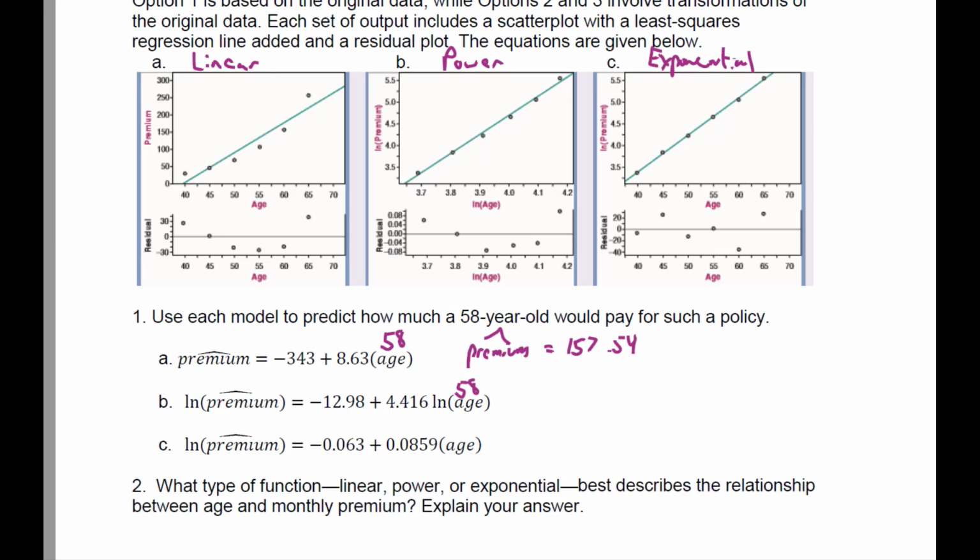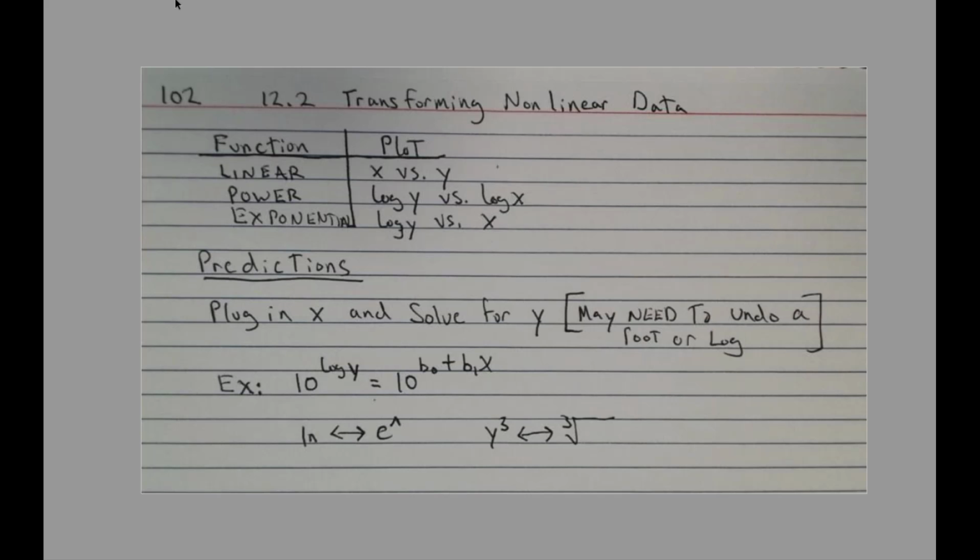So with this, the natural log of the premium is equal to 4.95. To get rid of that natural log of the premium and solve for the value, as we saw in our big ideas, we need to take both sides and raise e to the power of the values we get on both sides, all right?